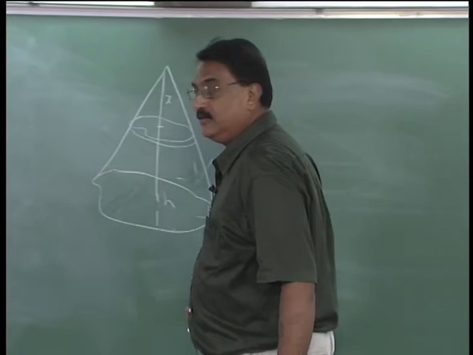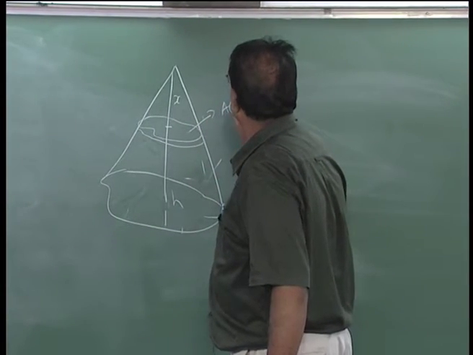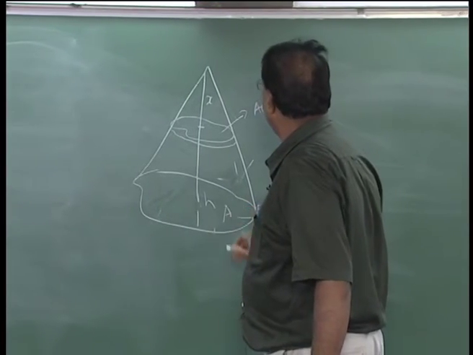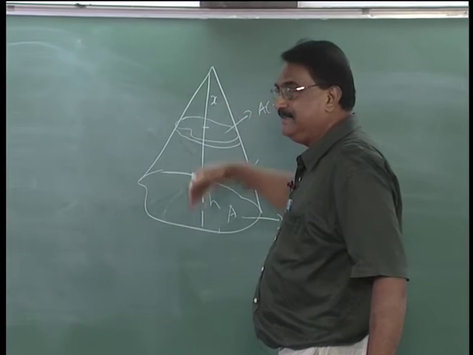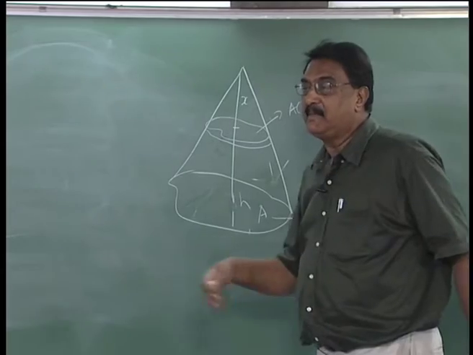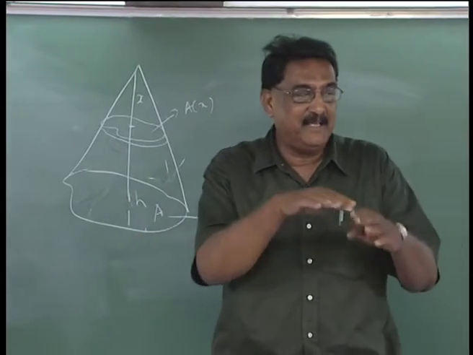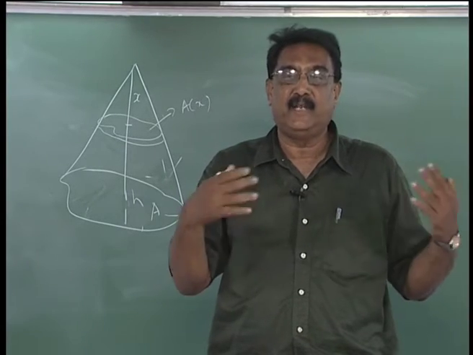The length is increasing, X is increasing. At this point the linear dimension of the area will be proportional to X and the area itself will be proportional to X square.